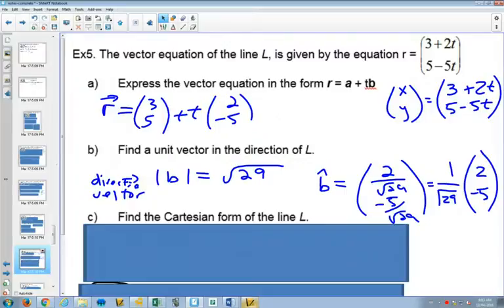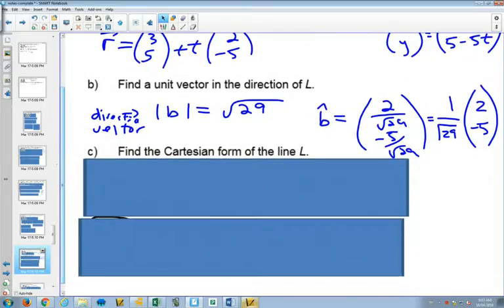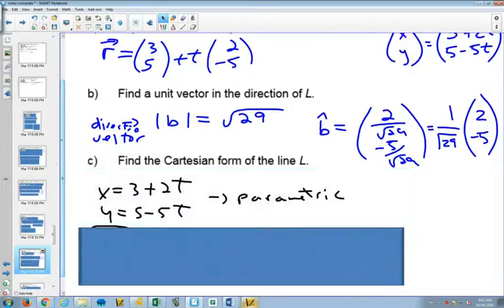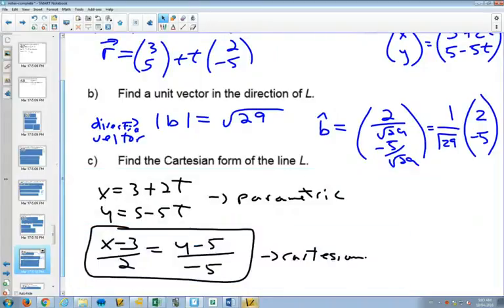That way you keep that nasty square root out of all of your calculations till the very end. And since we've found our vector equation, we can rearrange it to get our parametric. And once you have your parametric, you can solve for t and get your Cartesian form.